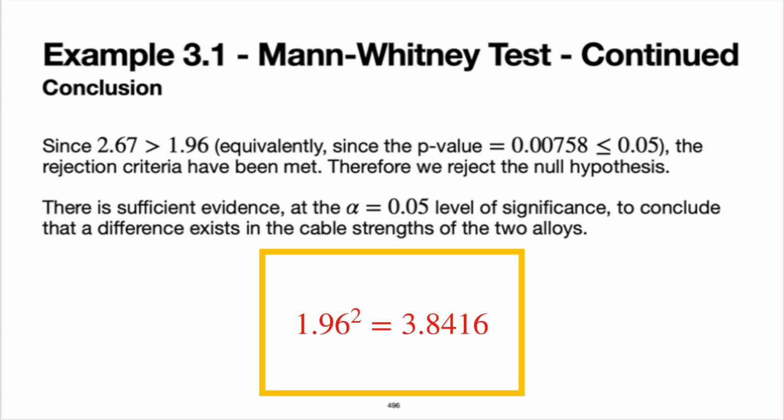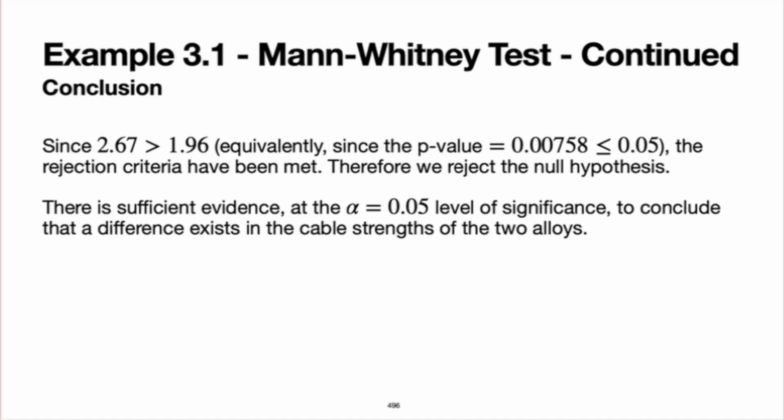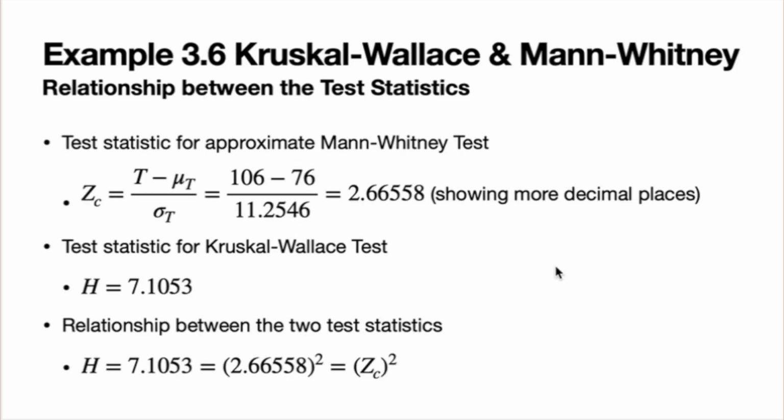Well, you get 3.8416. Well, that was the value of the critical point for the Kruskal-Wallis test in this situation. So the Kruskal-Wallis test statistic is the square of the approximate Mann-Whitney test statistic, and the Kruskal-Wallis critical point is the square of the approximate Mann-Whitney critical point.